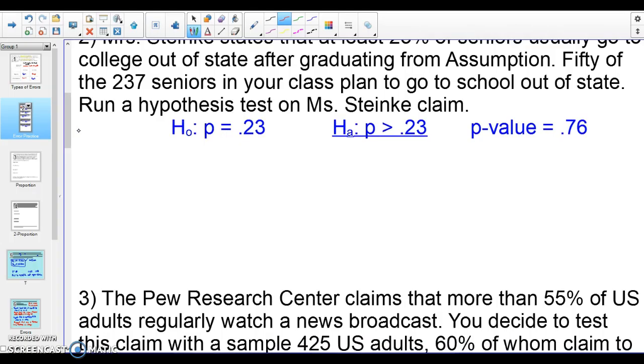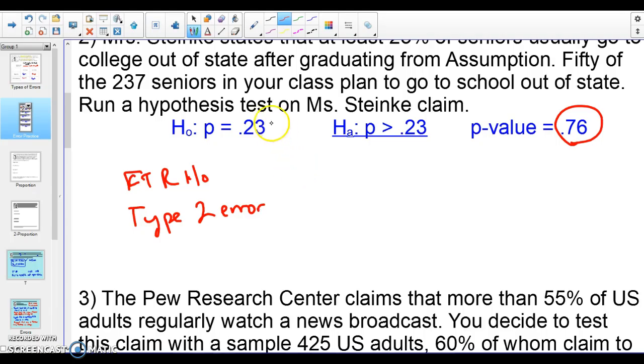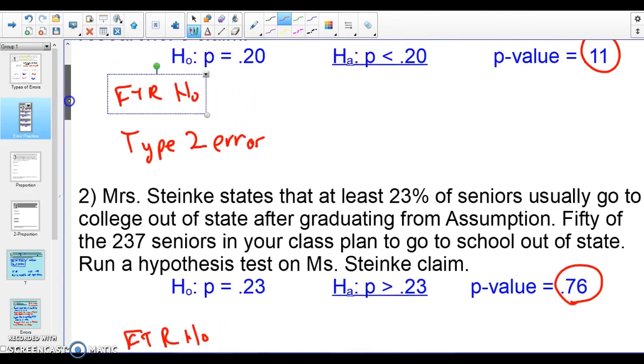Okay, the percentage of students who go out of town for college also fail to reject the null. Therefore, another example of possible type 2 error. Okay, so we said we think the Steincase is wrong. We think it's actually 23% or lower. Could have made a type 2 error.